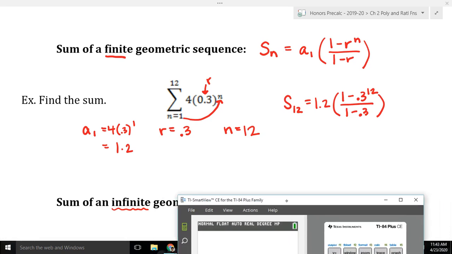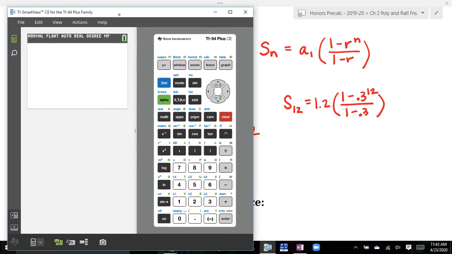Let's see if I can pull them up here. Oh, look, both on the same screen. And I'm just going to type that in because I want you to be careful about how you type it in. So 1.2, parentheses. Now this fraction is kind of a complex fraction. So what I'm going to ask that you do is put parentheses around both the top and the bottom. If you do not do that, you will not get the right answer, okay?